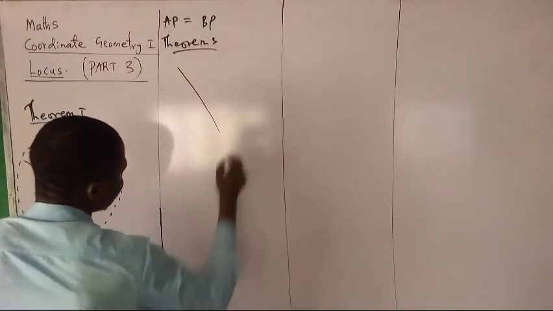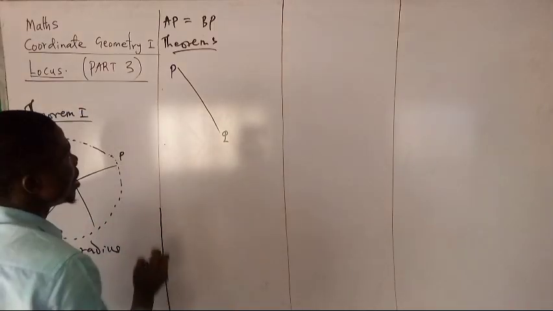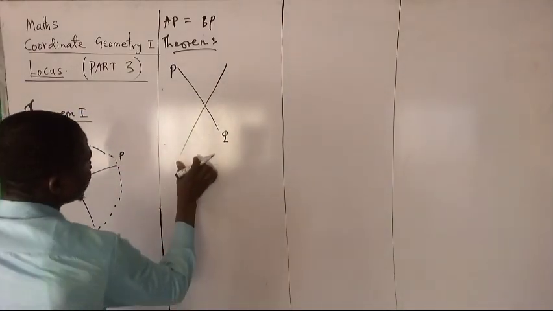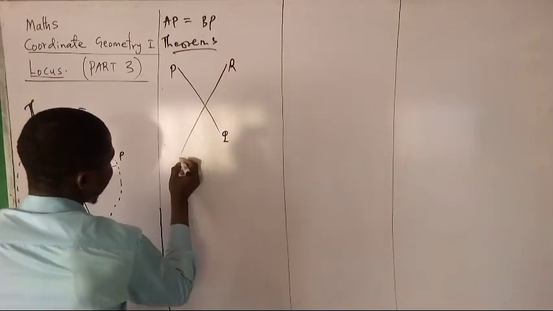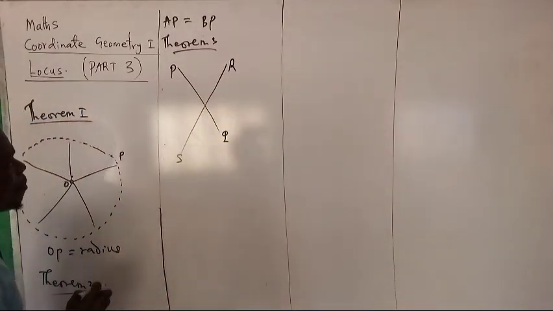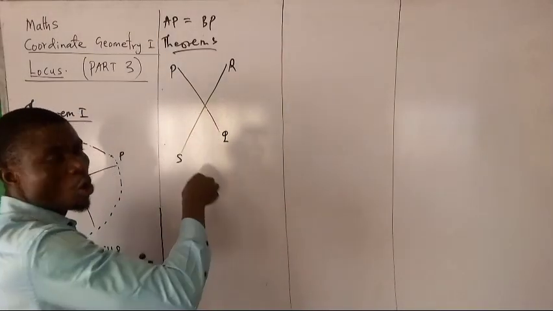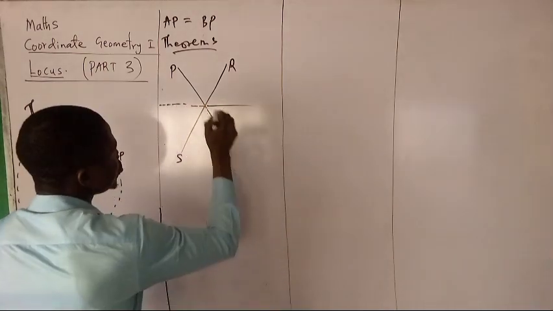This is the first line. Call it P, Q. This is the next line. Then they intersect here. Call it R and S. Now the locus must be a pair of angle bisectors of the angles formed by the lines, and this will be the locus.